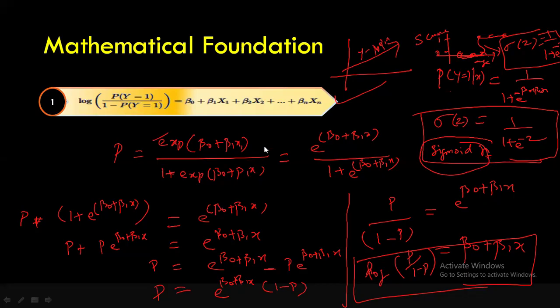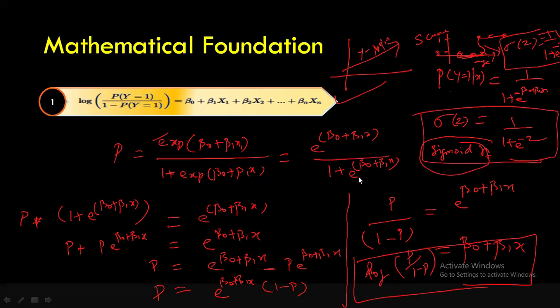If you simplify this, p is equal to 1 divided by 1 plus... this one will go away. If you factor out, the numerator will have 1, and the denominator has 1 plus e to the power of, instead of beta naught plus beta 1x, we put z.